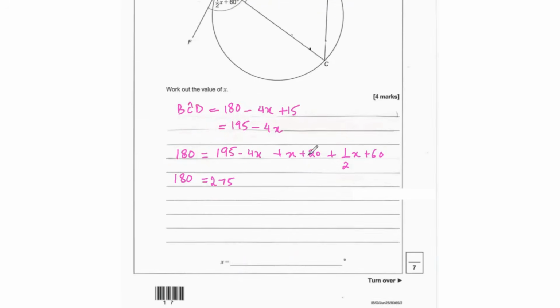And then minus 4x plus x is negative 3x, and 0.5 minus 3x is negative 2.5x. So then we'll do 180 minus 275 divided by negative 2.5. And that gives us 38. So x equals 38 degrees.